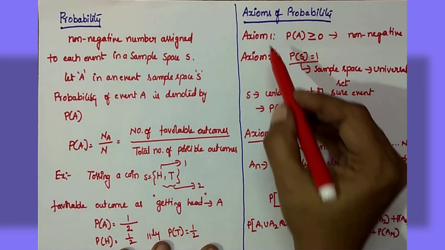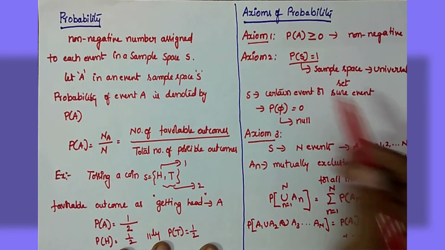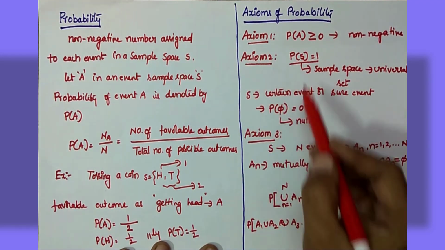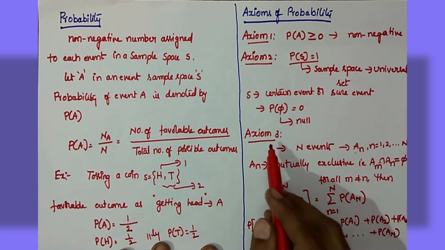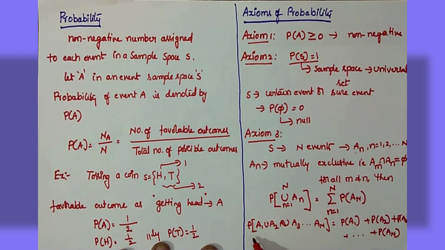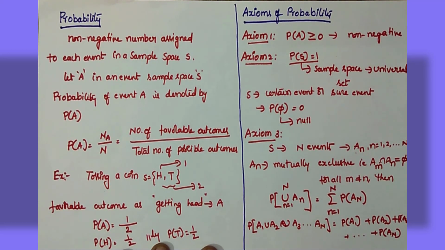So axiom 1 is regarding non-negativeness. Axiom 2 is regarding the sample space and null set. And axiom 3 says the probability of the union of all the events is equal to the sum of the probabilities of individual events.